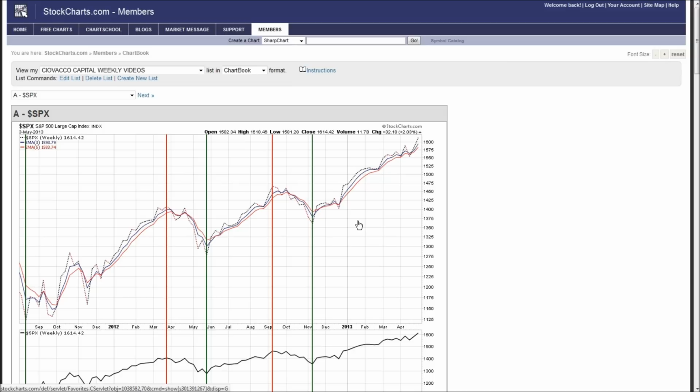Does this work perfectly? No, you don't need it to work perfectly, and your objective is not to curve fit these numbers. You just want to use moving averages that are reasonable. In fact, when you build models, you're better off not going back and curve fitting and finding the exact combination that's perfect. Why can you get away with using something that's not perfect? Well, you have redundancy in your models.